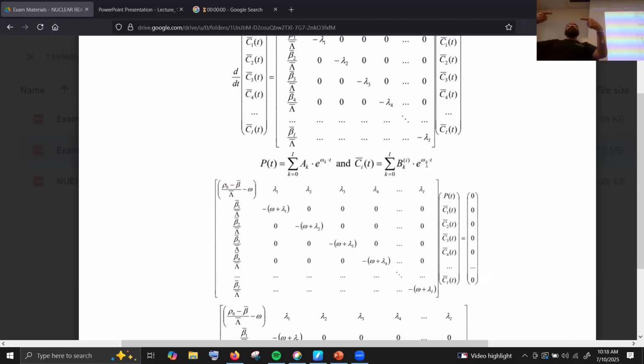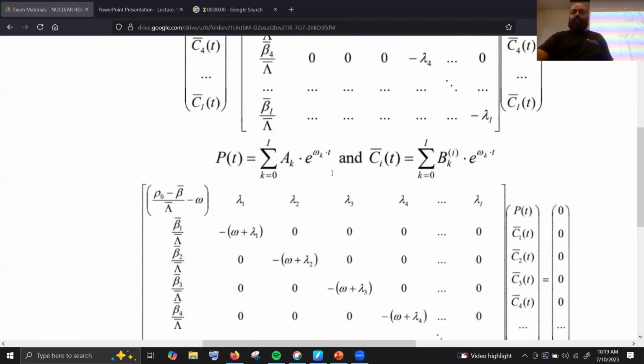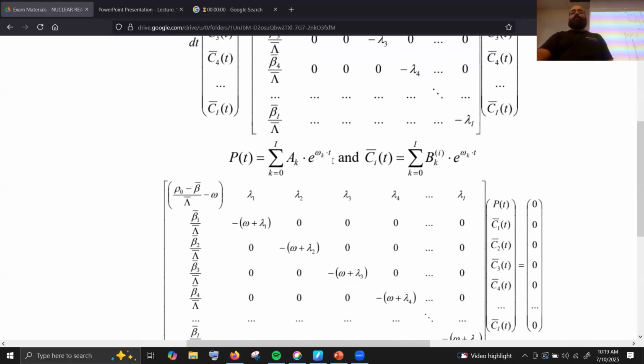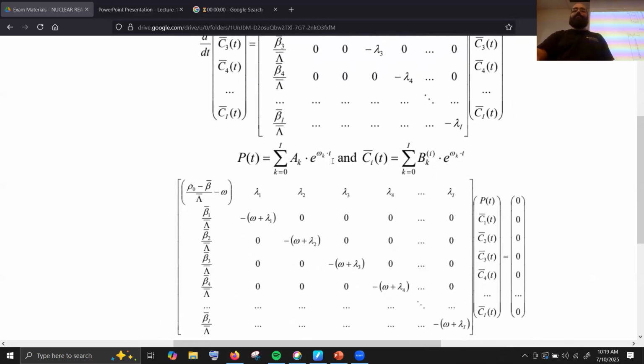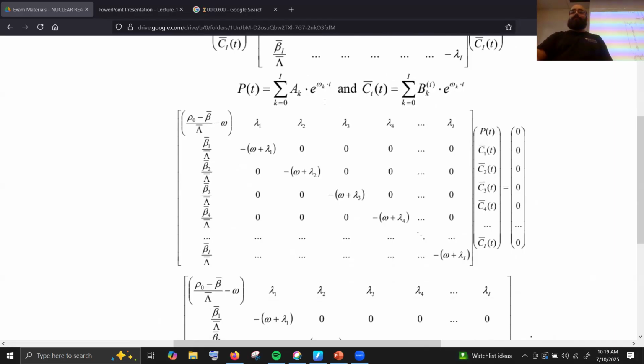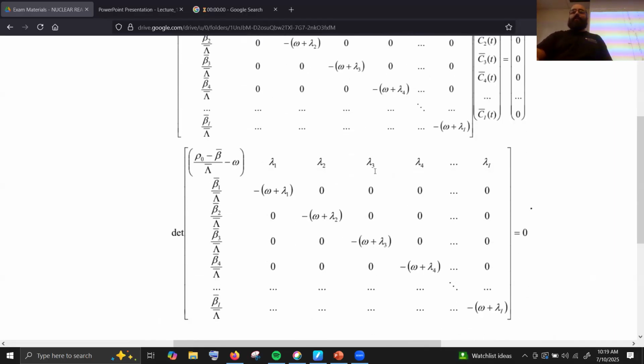So if you have capital I delayed neutron concentration equations and one power equation, then in total we have I plus one equations, and therefore each of the solutions to P of t and Ci of t is going to have I plus one terms, each a sum of exponentials. These time constants, these omega k's, there are going to be I plus one time constants that we need to solve for.